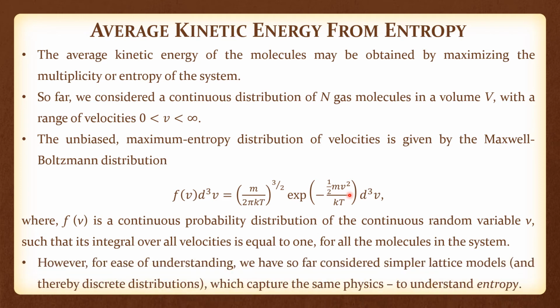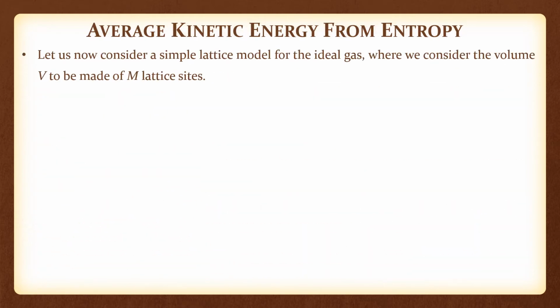For ease of understanding, we have so far considered simpler lattice models and thereby discrete distributions, which capture the same essential physics to understand entropy, and we are not going to do any different now. So let's now consider a simple lattice model for the ideal gas, where we consider the volume V to be made of some arbitrarily defined m lattice sites.